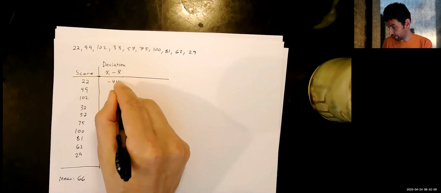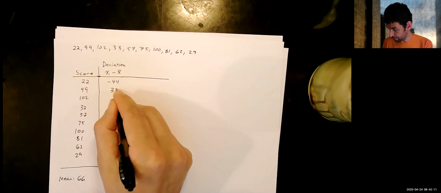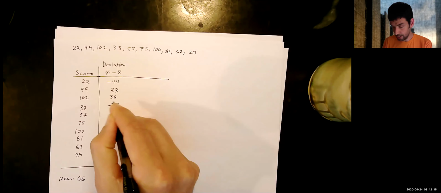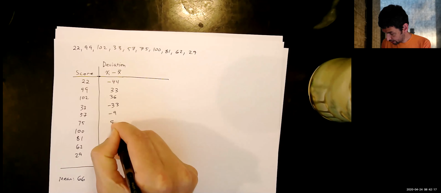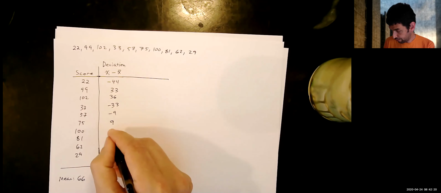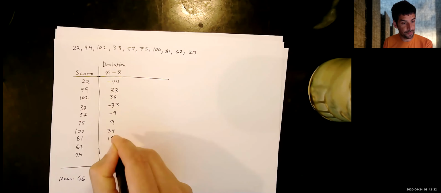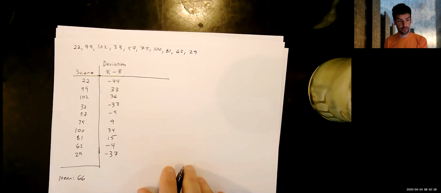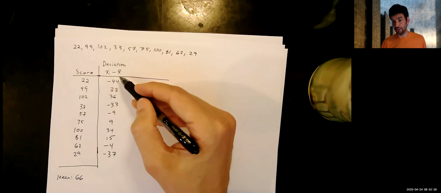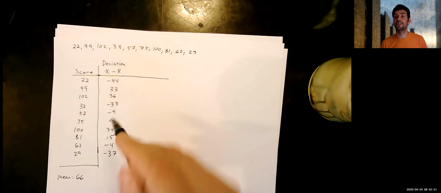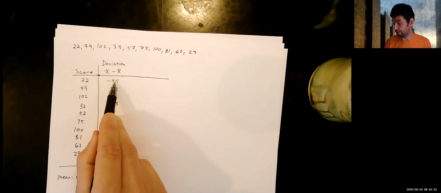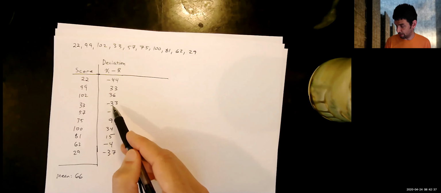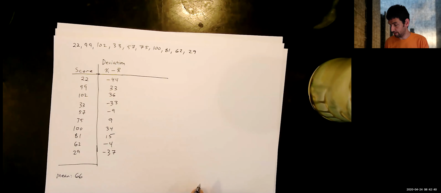So I get negative 44, 33, 36, negative 33, negative 9, 9, 34, 15, negative 4, negative 37. Each is a distance from the mean. This piece of data is 44 units below, this one is 33 above, 36 above, 33 below, and so on.